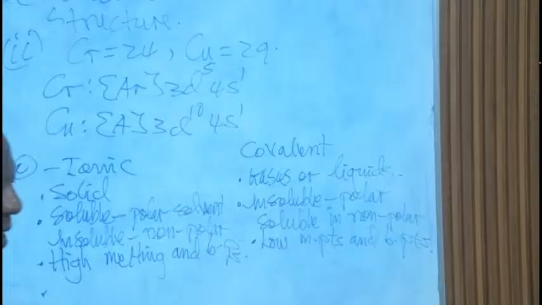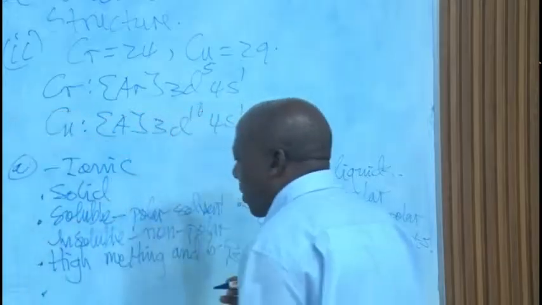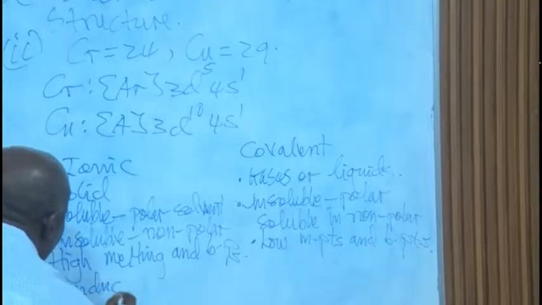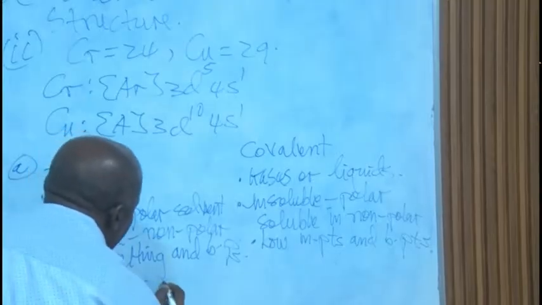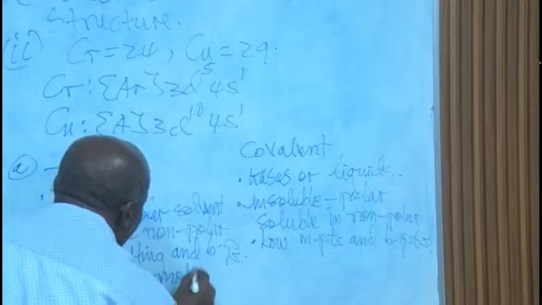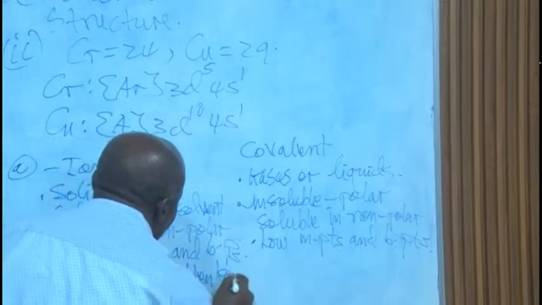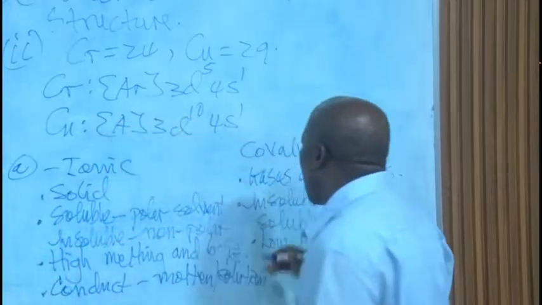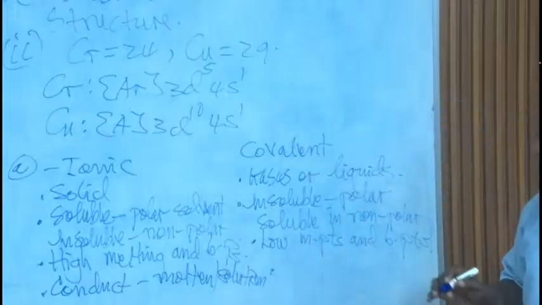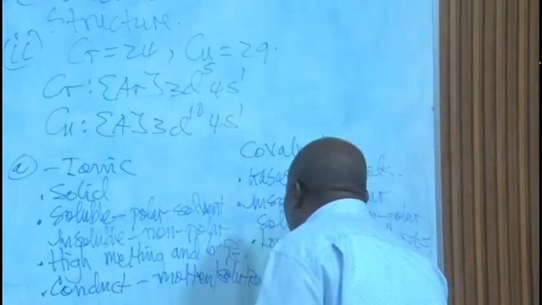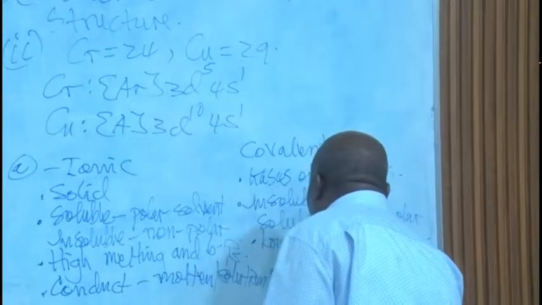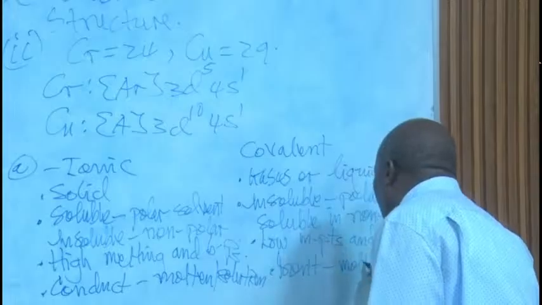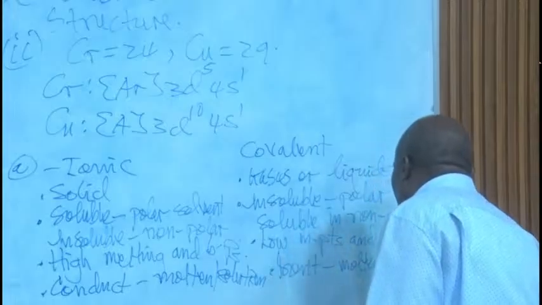So when they are in solution or molten form, they conduct electricity, while covalent compounds do not conduct electricity, whether in molten or solution form.